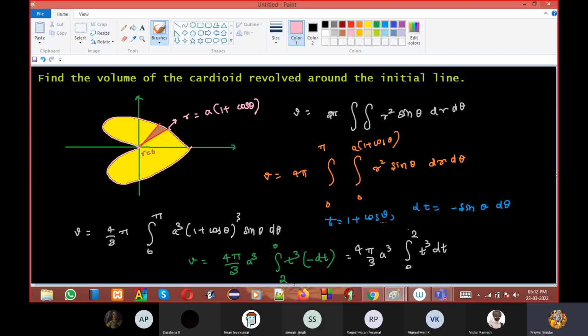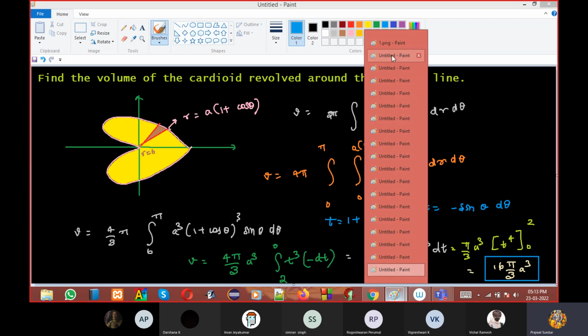This 4 I'll put inside, and the integral of 4 t cube is t power 4. What will I get? Pi by 3 a cube t power 4 from 0 to 2. The final answer is 16 pi by 3 a cube. That's it. So all concepts in triple integrals I have covered today.